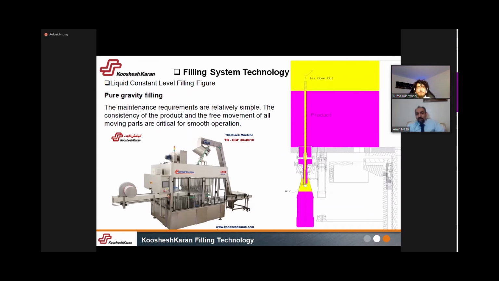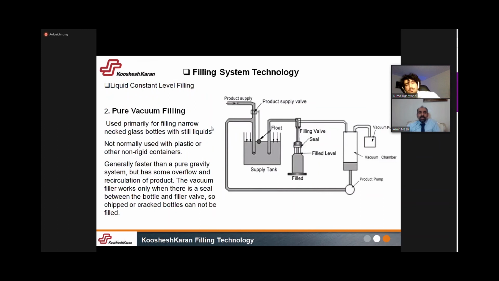The second kind of filling is pure vacuum filling. This kind of vacuum filling is used primarily for filling narrow neck glass bottles with a still liquid. For example, as you remember, the hot sauce in a glass bottle.